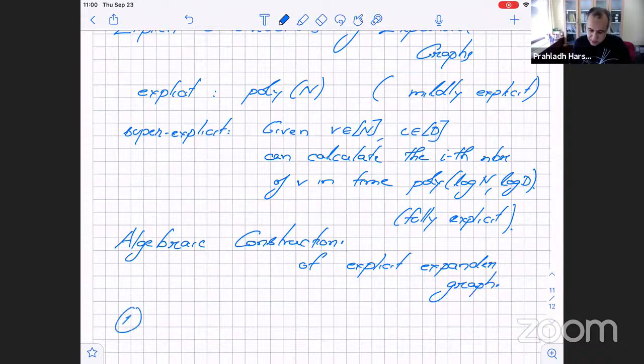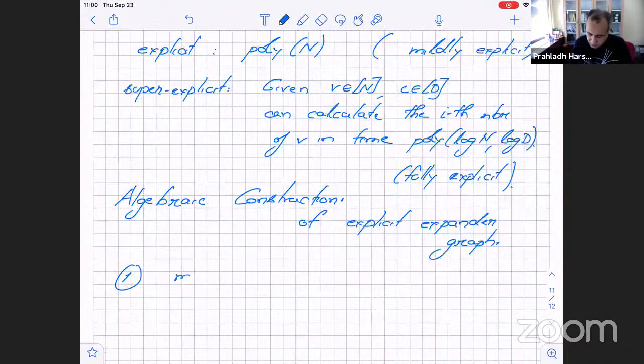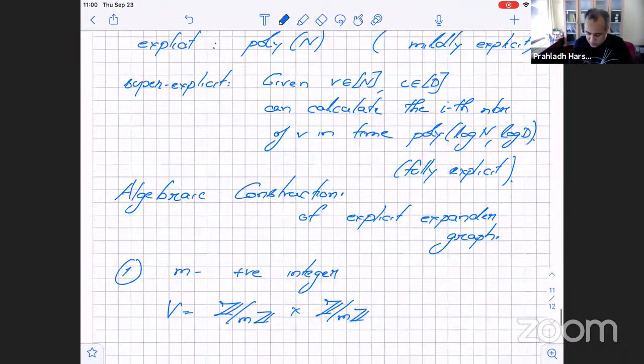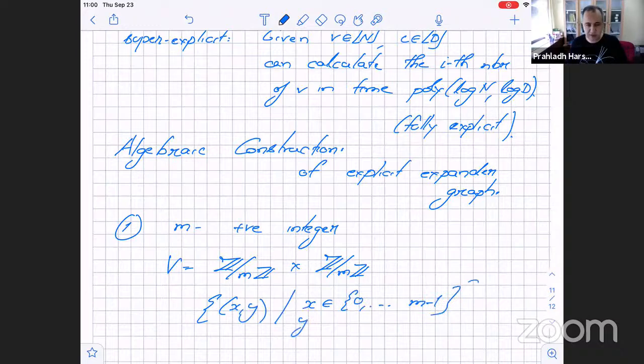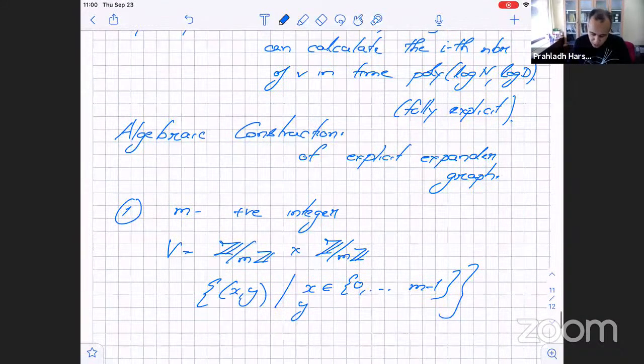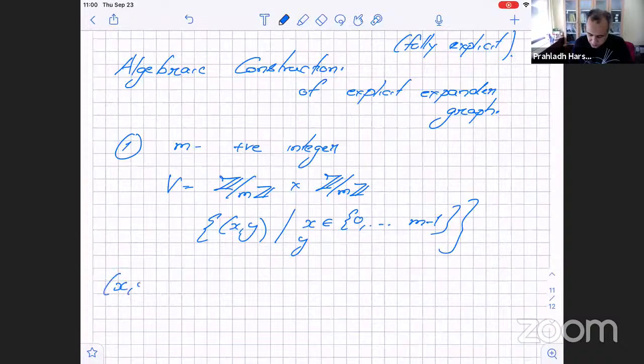The first one is the following graph. Let M be any positive integer. The vertex set is integers modulo M cross integers modulo M. So the vertices look like x comma y, where x is in 0, 1, 2, up to M minus 1, and so is y. I'm going to connect the vertex xy. Its neighbors are: there's going to be a self loop, it's connected to xy itself.